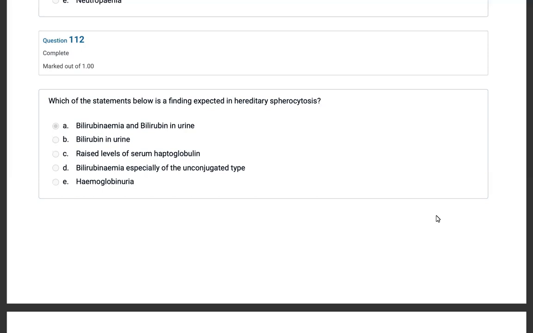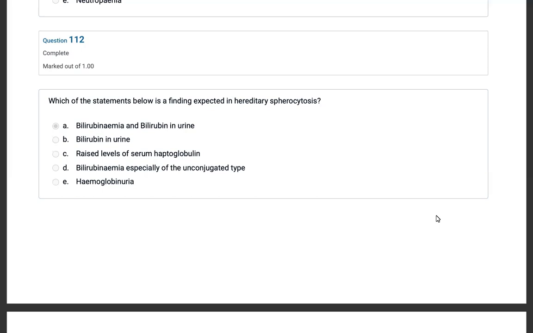Hereditary spherocytosis is one of the causes of extravascular hemolysis. A characteristic of it is that a child is going to have splenomegaly, which is a good sign of extravascular hemolysis.